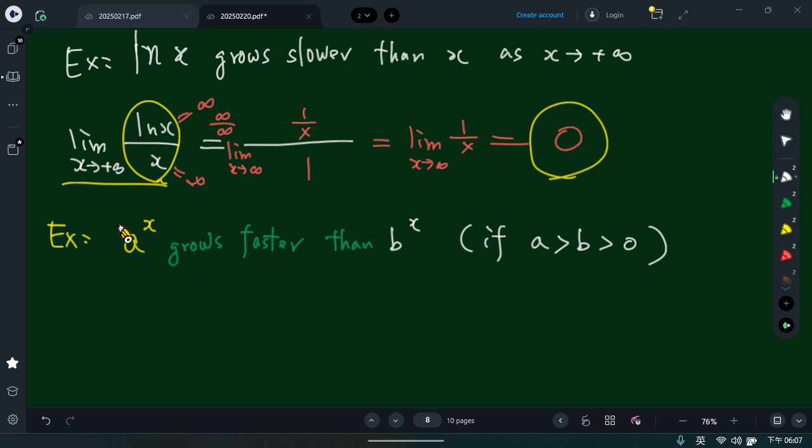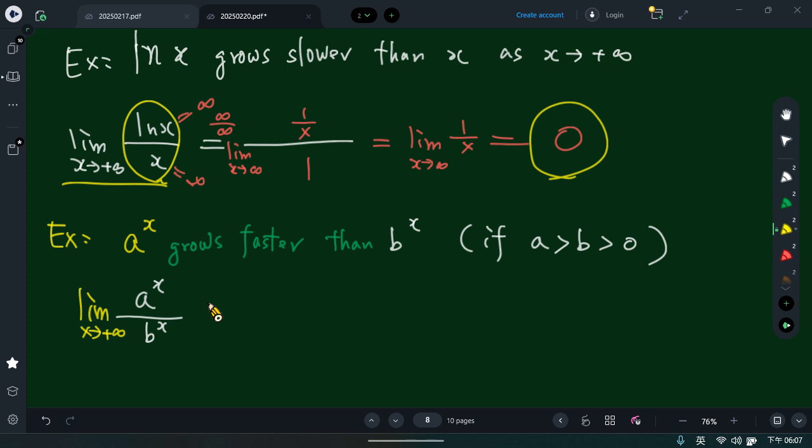Okay, if we want to show this one, we simply use a to the power x divided by b to the power x. Then take the limit as x is approaching positive infinity, right?